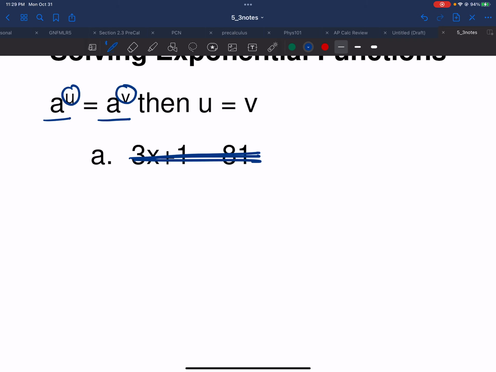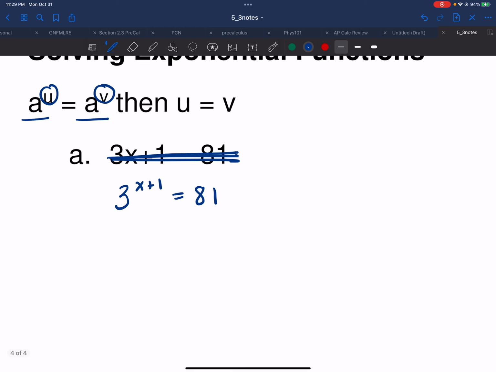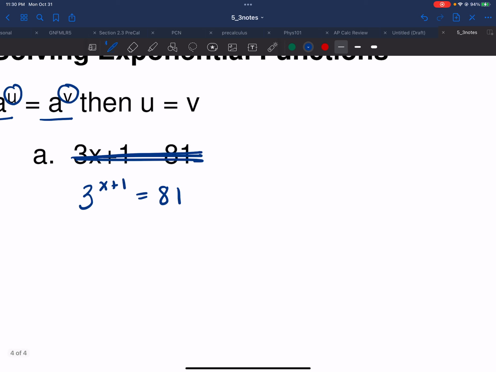So if I have 3 to the x plus 1, that's what that should say, equals 81. Let's look at how we might solve something like this. I see that my base is 3. 81 is equal to 9 times 9, and 9 is equal to 3 times 3, so 81 is 3 times 3 times 3 times 3, which is 3 to the 4th.